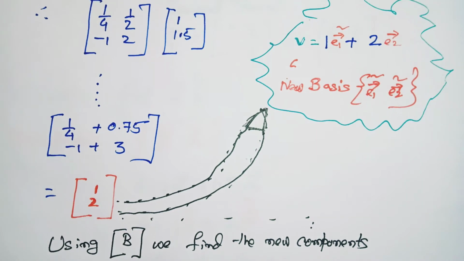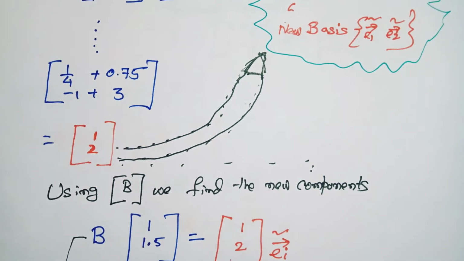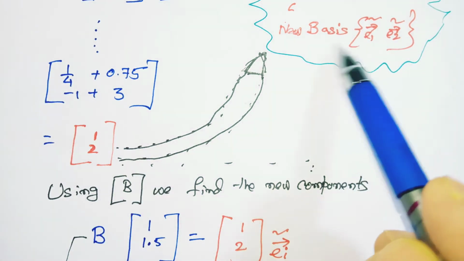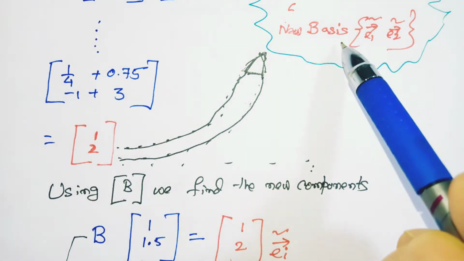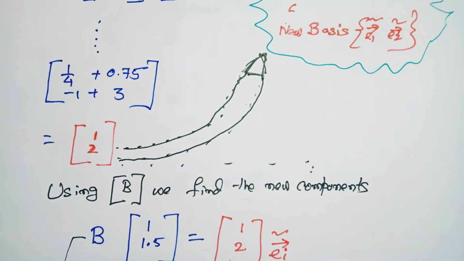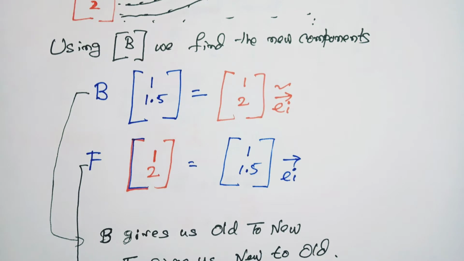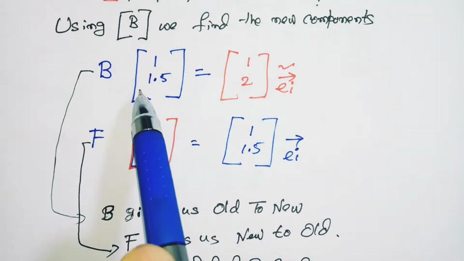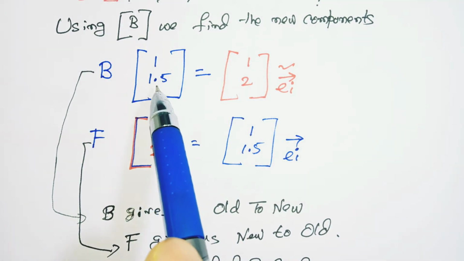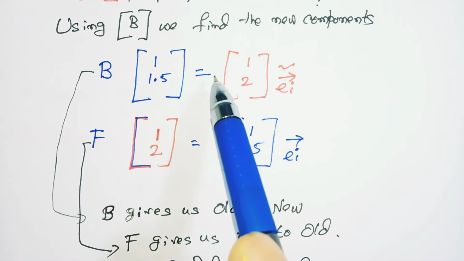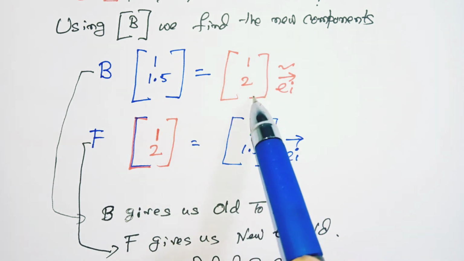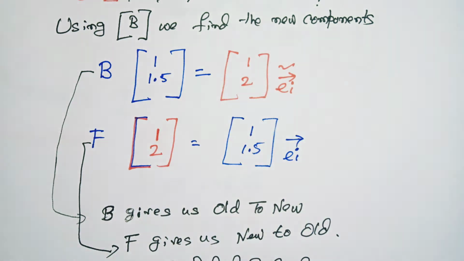So you see now why I have written that using B, that is a backward transformation, we find new components. These are the new components, 1 and 2, which is the new basis. And now you see that we have summarized it in this way. Backward transformation 1, 1.5, which are the backward transformation elements, is equal to 1 and 2, which is ei, which is the new component, right?